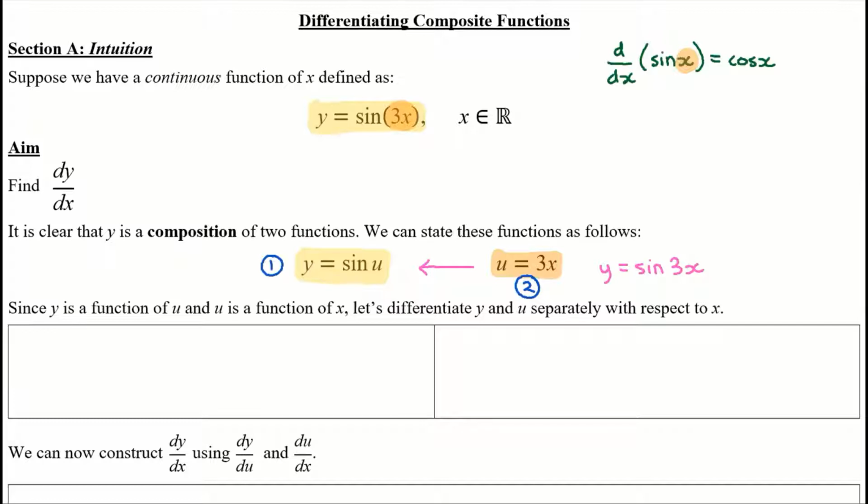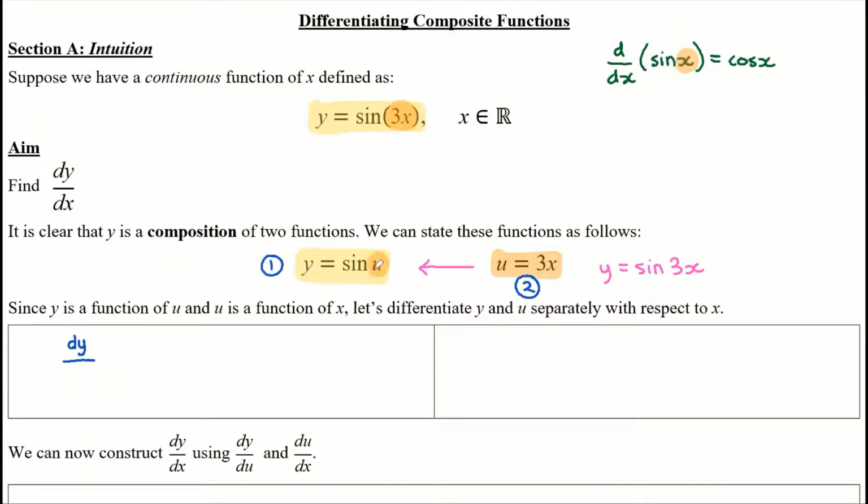Well, clearly, we're going to be differentiating with respect to something. So it's going to be dy by something. Now, the variable in question is not x in this case, is it? The independent variable is not x, it's u.